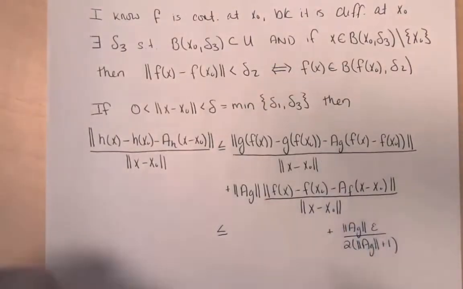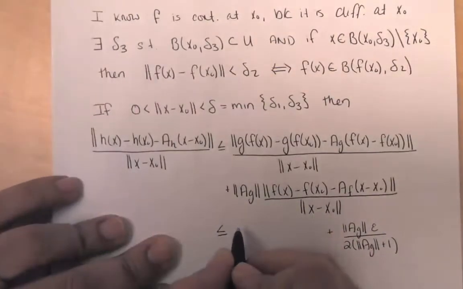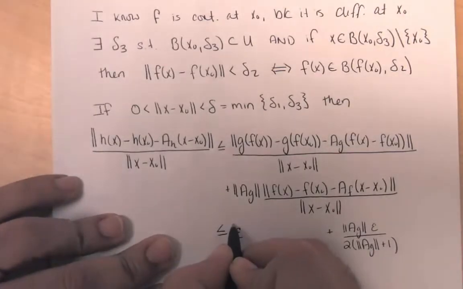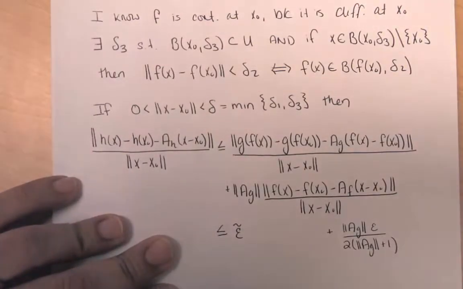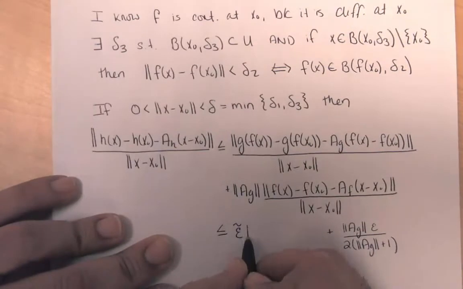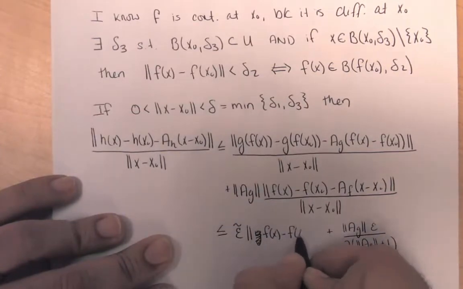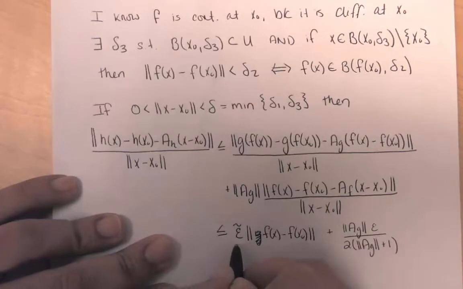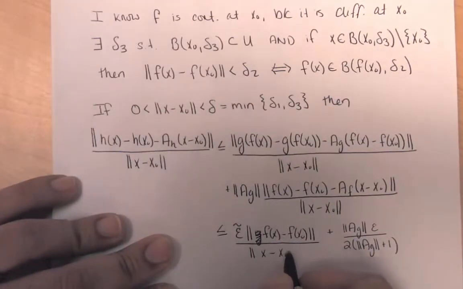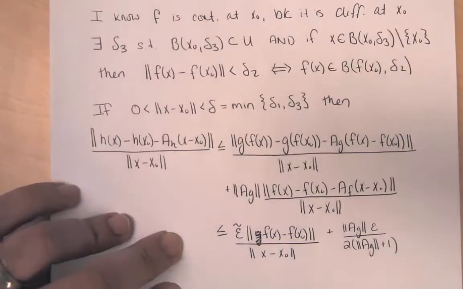And this numerator is less than or equal to my epsilon tilde times f of x minus f of x naught divided by x minus x naught. Okay.